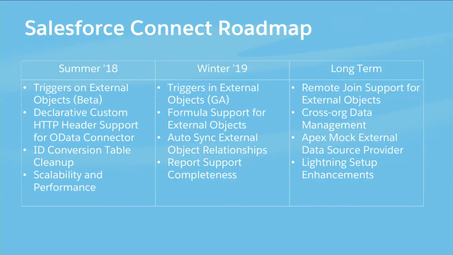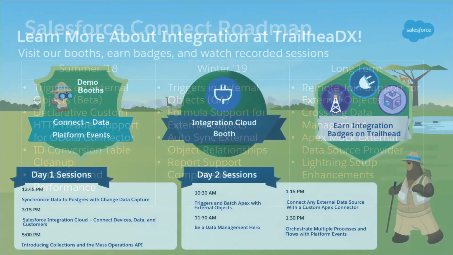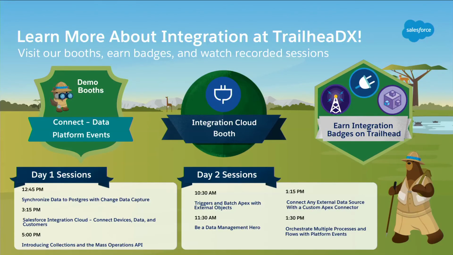OK, so we do have a Connect roadmap slide. I'm not going to get too much in depth about it. It was talked about in our previous session earlier this morning on external objects. So you can watch the recording for that or talk to Jintong later. She'll be here. There she is. She's our product manager. And then, yep, so here we are. You can learn more about integration at TrailDX. We have our booth there. It says Connect, and then platform events right behind it if you have any questions.